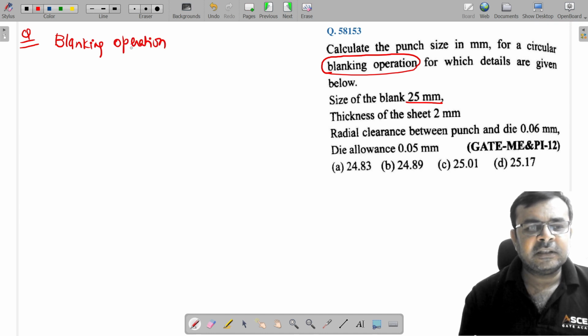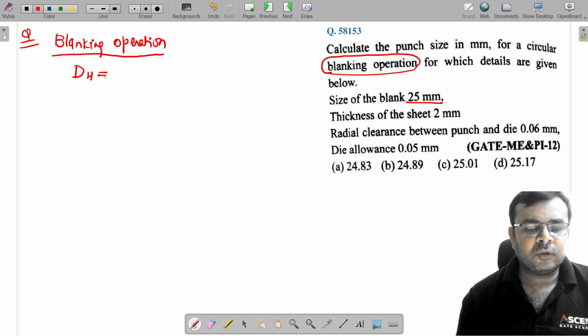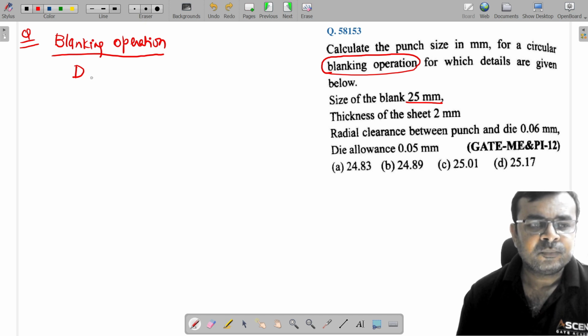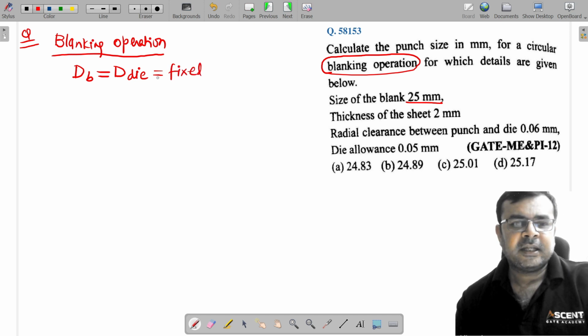And why am I interested in this? Because in a blanking operation, the diameter of the blank is always equal to the diameter of the die, and this is always fixed. Is it clear?